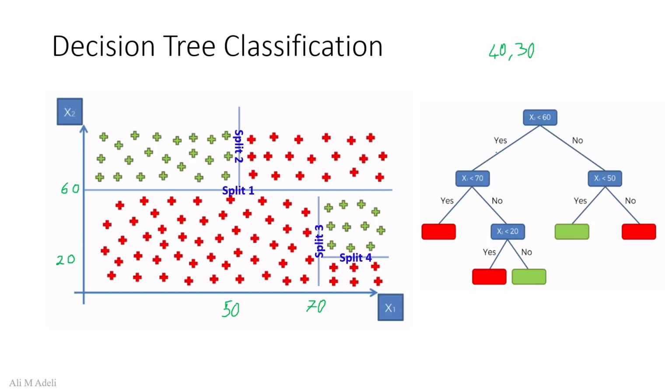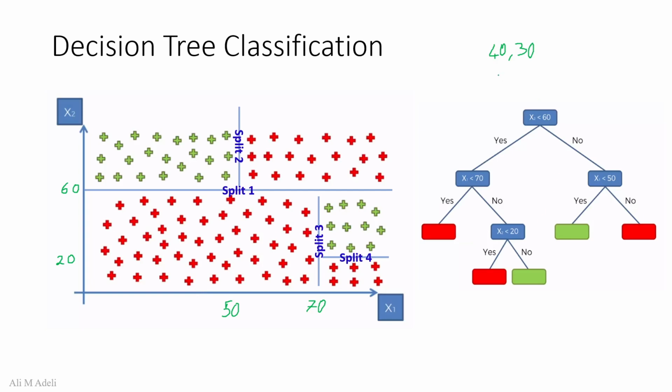Yes, okay, go this way, it's 30. Is x1 less than 70? Yes, okay, then it belongs to the red class. So it would be somewhere here. We said x1 was 40, so it's going to be somewhere here.